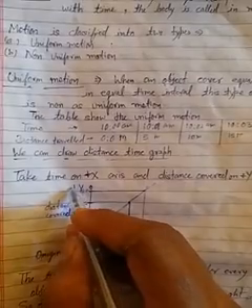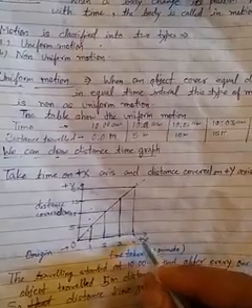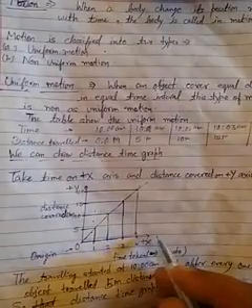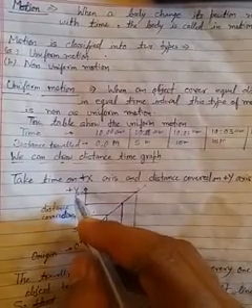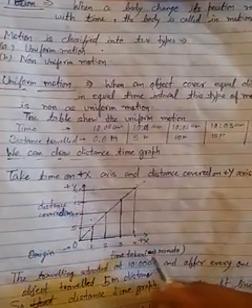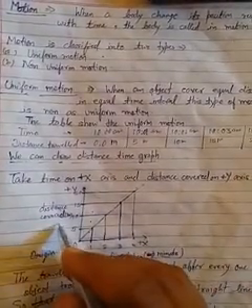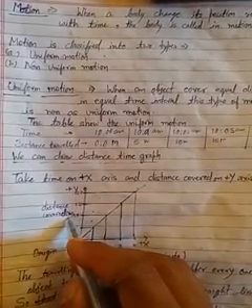This is positive y-axis, this is positive x-axis. We are taking time on positive x-axis and distance traveled on positive y-axis. Time is taken in minutes, and distance traveled is taken here in meters.